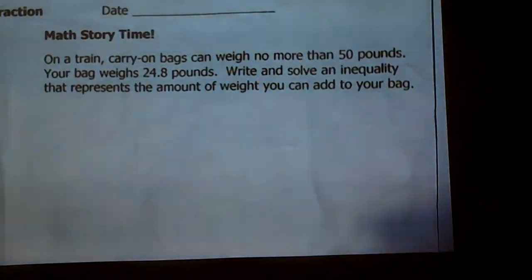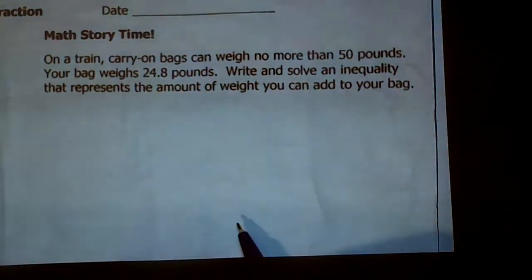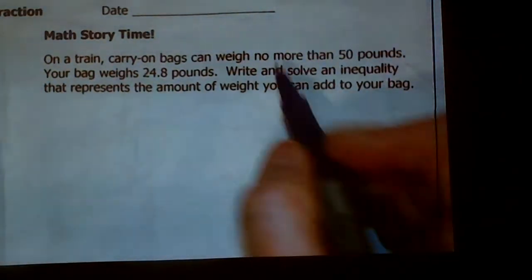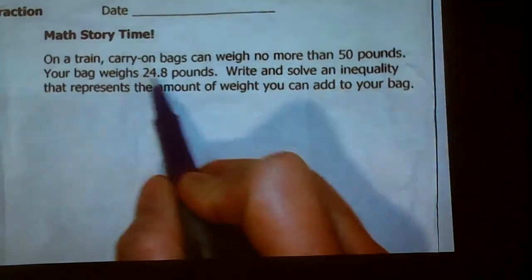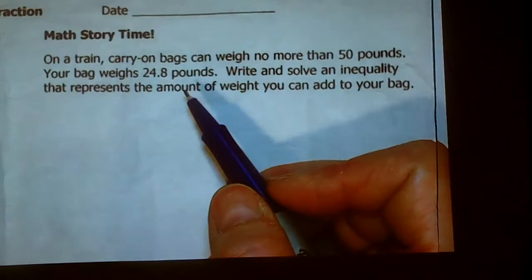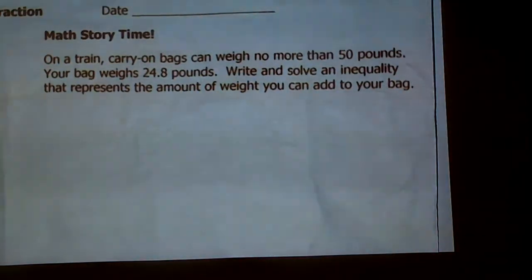Okay, so I know you're thinking, well, can't I just subtract the 50 and 24.8 and get an amount? Yes, you can get the exact amount, but it says that your bag can weigh no more than 50 pounds. So that means there are all kinds of weights you can add to this 24.8 to get up to 50. So there's more than one answer. That's kind of how we know it's an inequality.